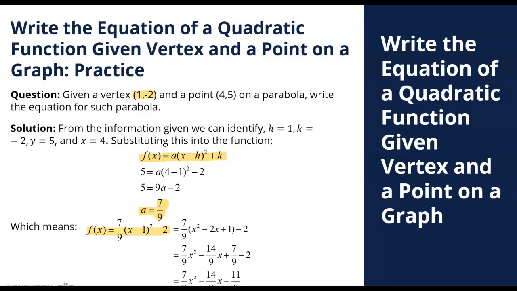Then we expand (x − 1)², which is x² − 2x + 1 using the FOIL method or the formula. And then distribute the 7/9 to each term inside the parentheses. We have 7/9 x² − 14/9 x + 7/9. And then you just copy the -2 here. Simplifying this will give you the equation for your parabola.